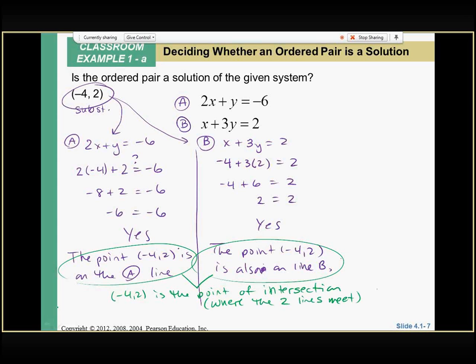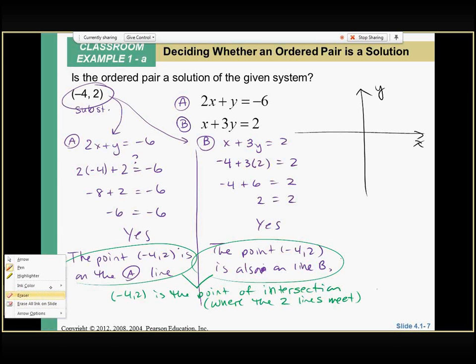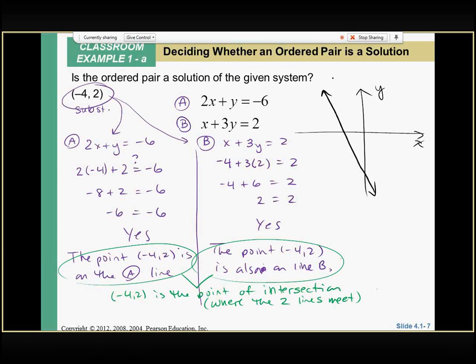If I were to graph these two, I have done this on my paper already, so I'm not going to put in a lot of detail. If I graph equation A, or line A, it looks like this. And then line B looks like this.